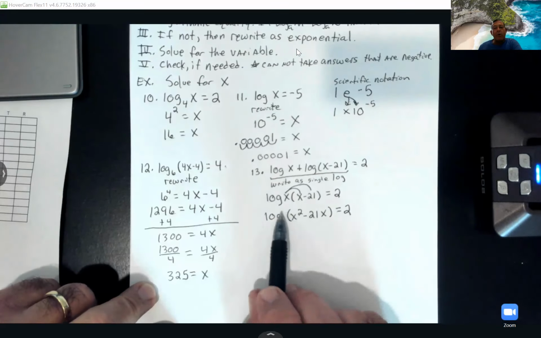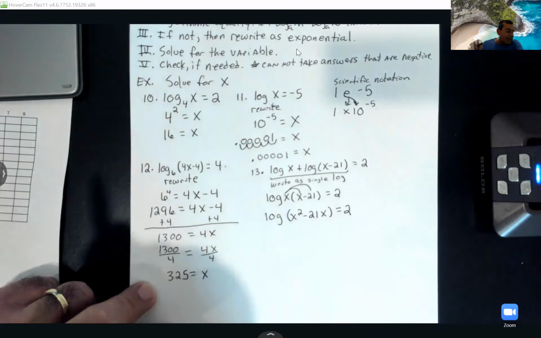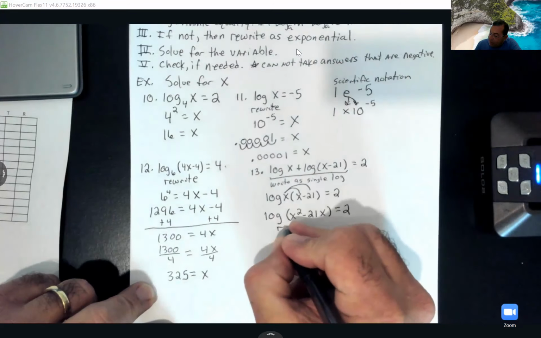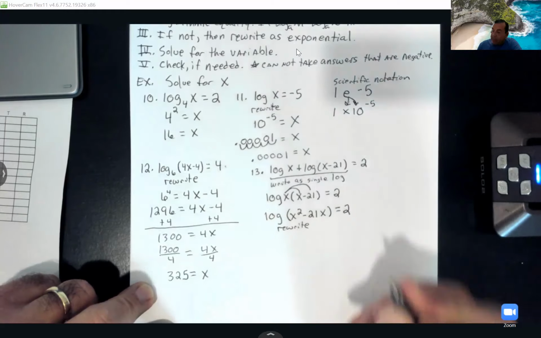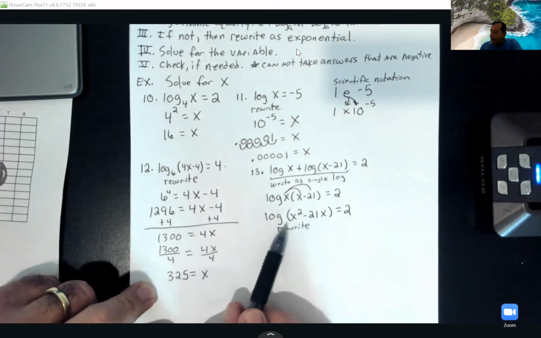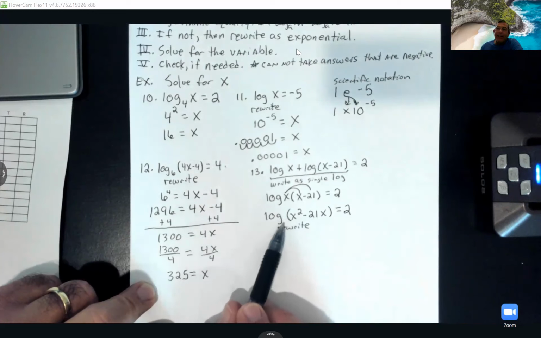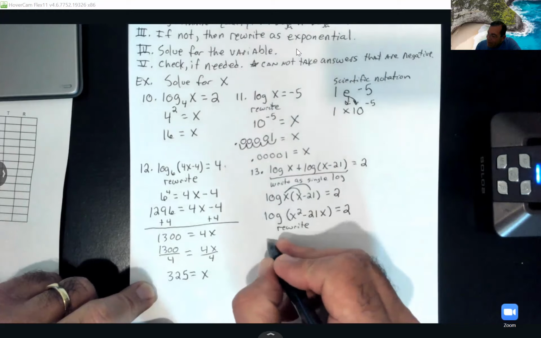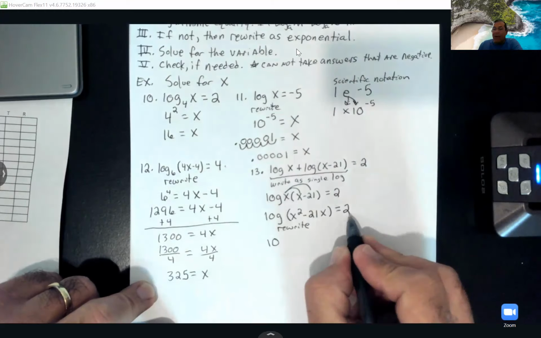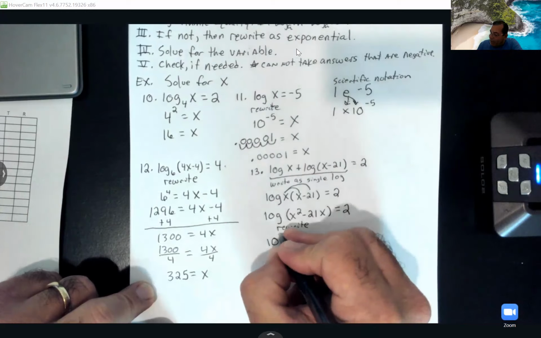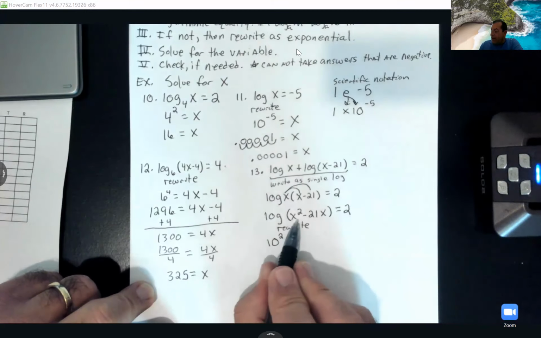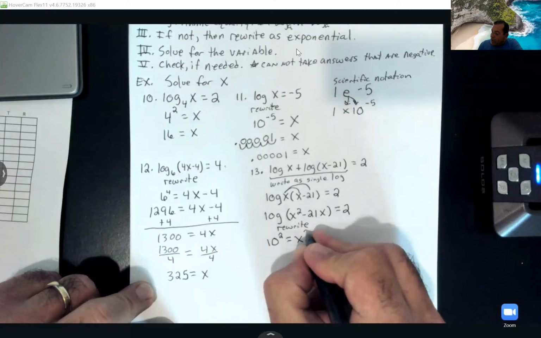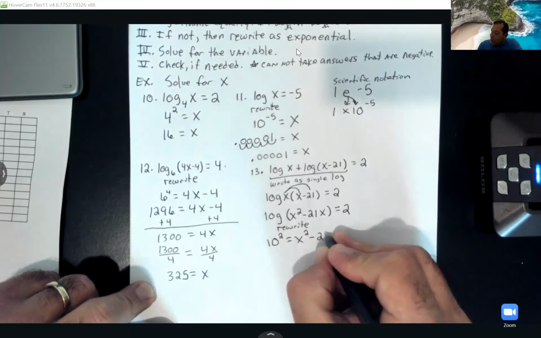At this point, we're going to rewrite this as exponential. All right, so guess what? There's not a base here again. So we know that that base is a 10. So my base is a 10. My exponent is a 2. And that's going to equal that result, which is x squared minus 21x.